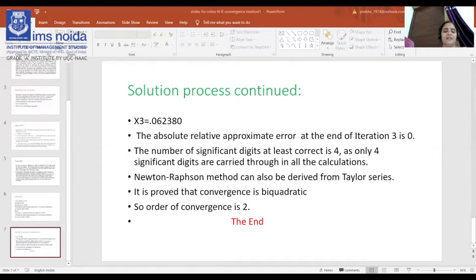So x0 you have assumed 0.05, and x1, by applying the formula in the particular f(x), you are getting 0.06242.